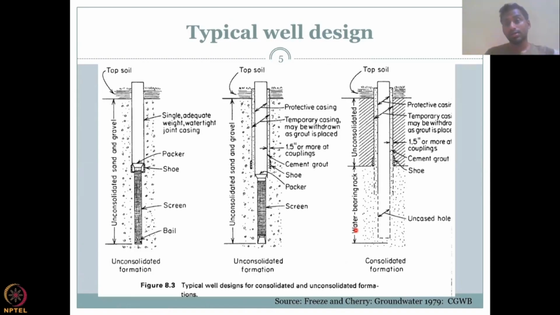These are mostly the younger sediments or younger aquifers, which are mostly in the unconfined zone. It is in the top layer, and it is still not consolidated as a unit, or the structure is still loose, and so there's a lot of movement of water. So what this well would have is, from the topsoil, from the ground, a well would pass through the unconsolidated sand and gravel, basically the aquifer, and it has a base.